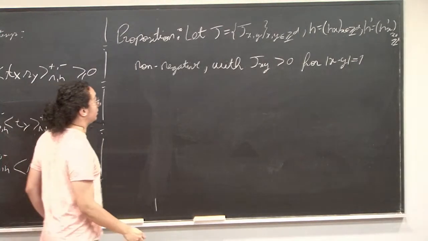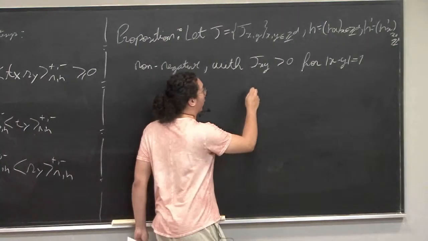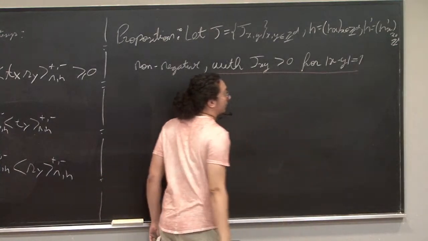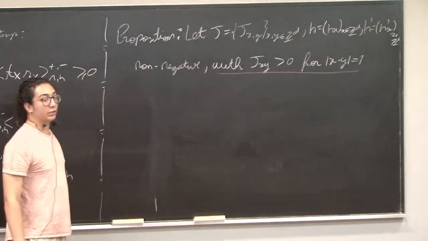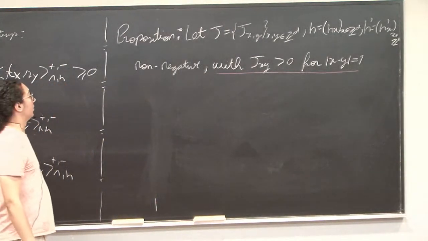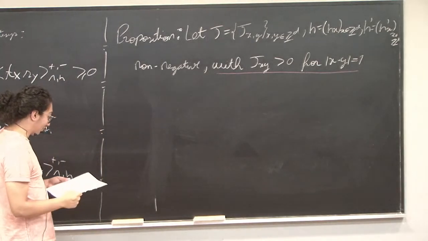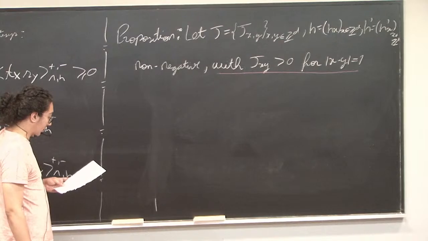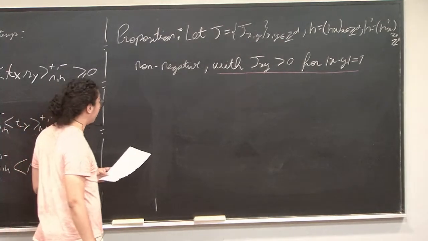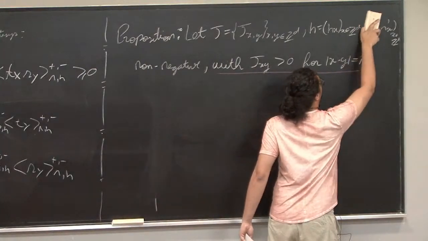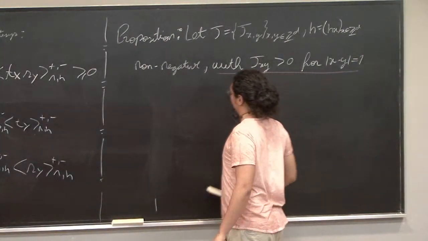I'm gonna comment at the end of the proof. I'm gonna comment on this assumption, right? You can replace this by a lot of other things that still hold. I'm gonna comment on that later when it comes to it. In terms of assumption, we don't need another external field.